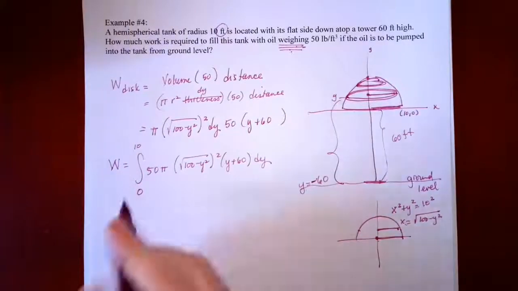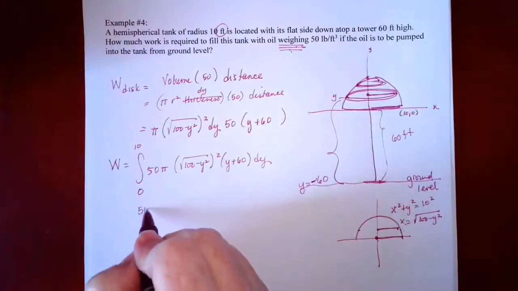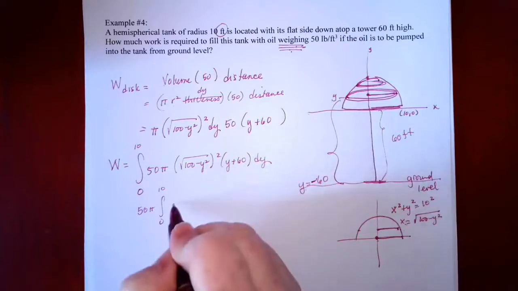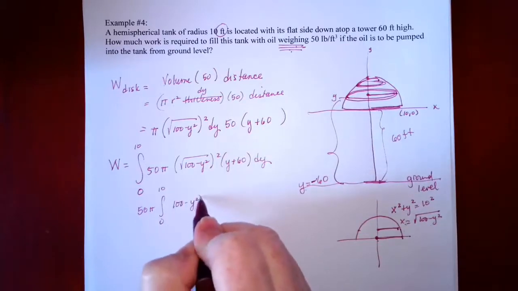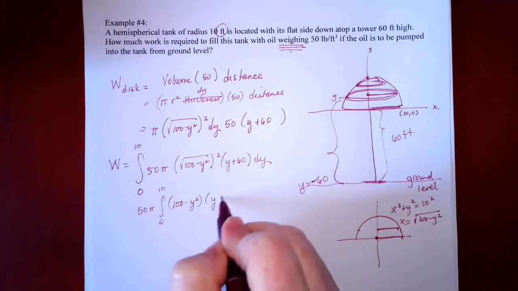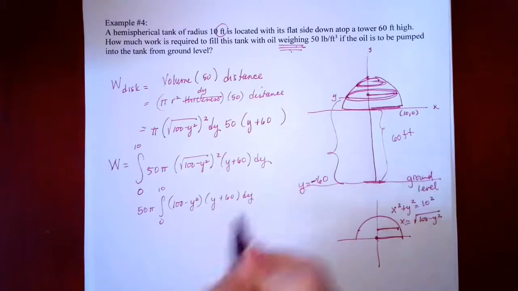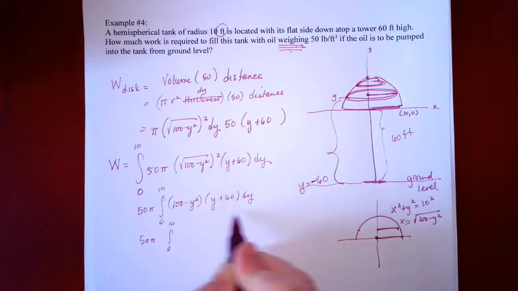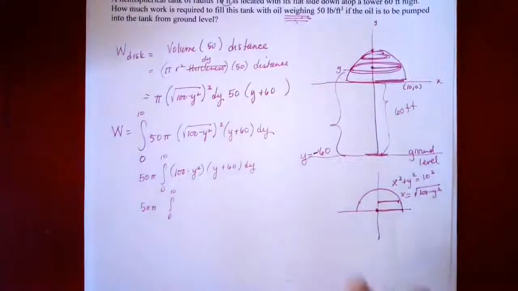And so to integrate that one, I'd probably just factor out my 50 pi from 0 to 10. That's 100 minus y squared times y plus 60 dy. Multiply it out and integrate term by term.